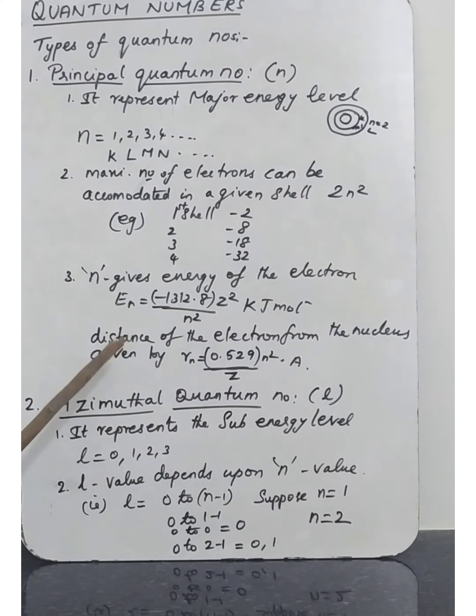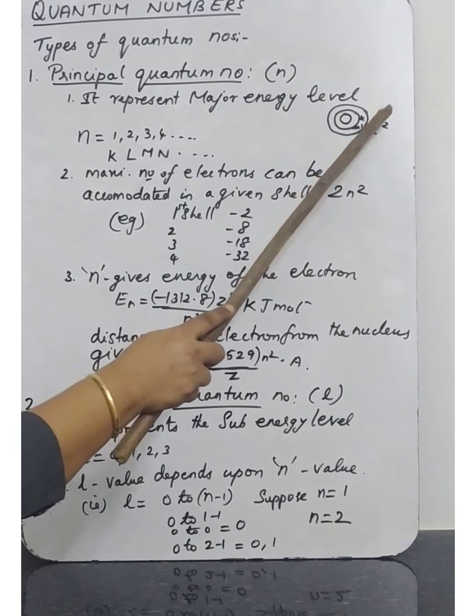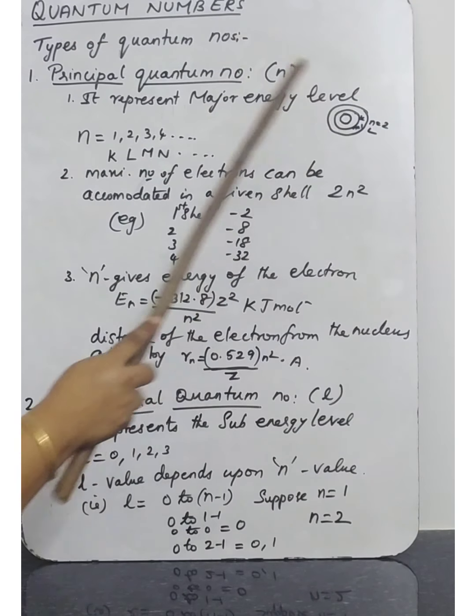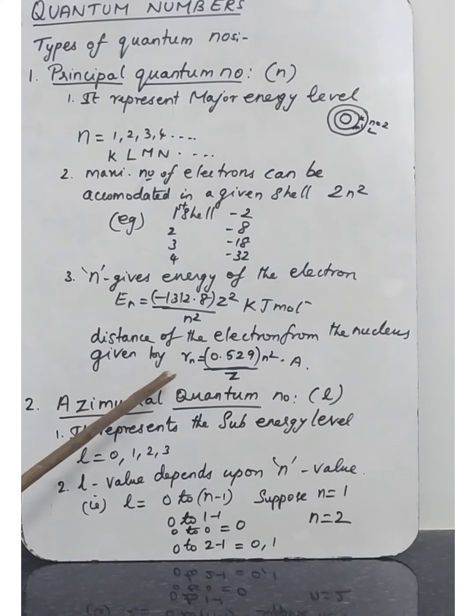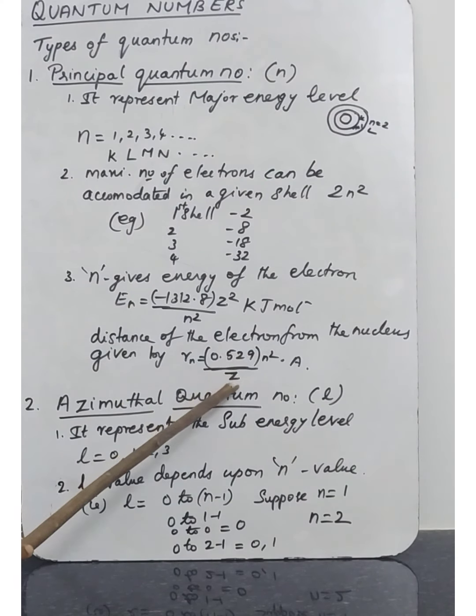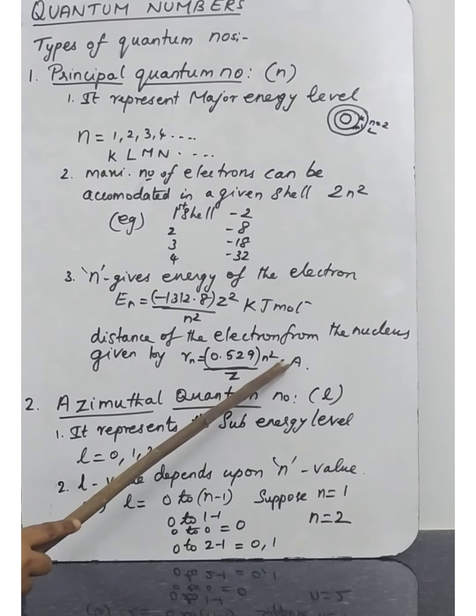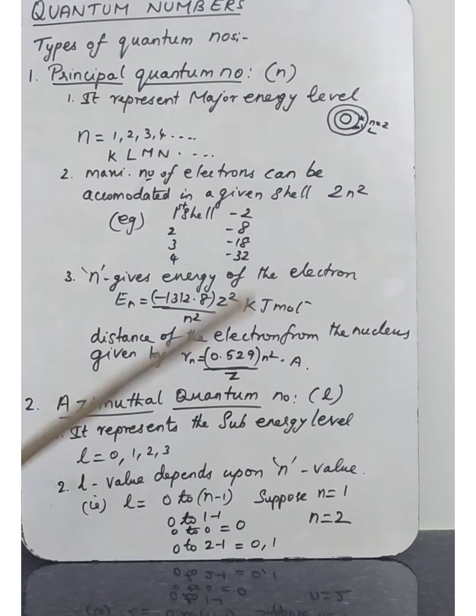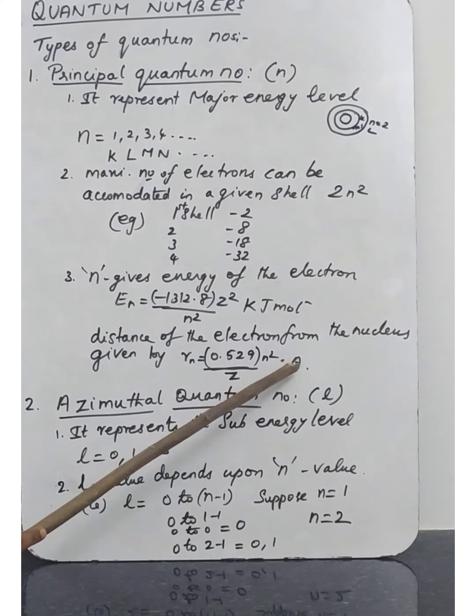At the same time, the distance of the electron from the nucleus is given by the radius r. So rn is equal to 0.529 divided by Z into n squared into A. What is Z? Atomic number. And what is A? Mass number. You know, isn't it? Okay, understood.